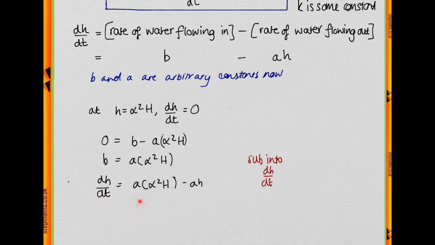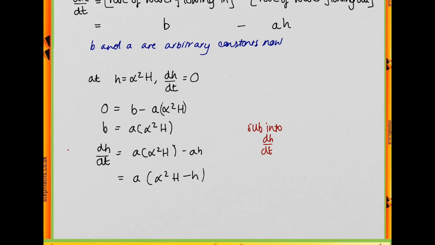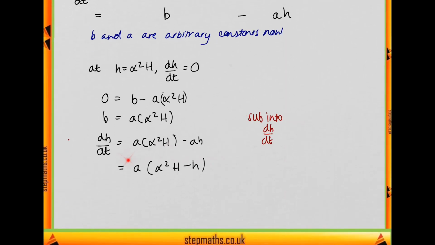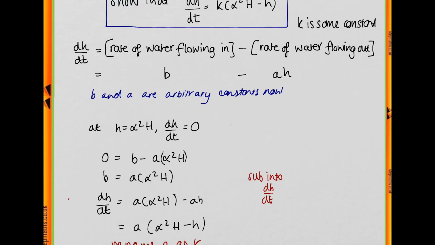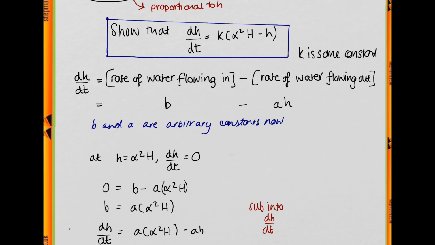So we get dh/dt is a times alpha squared big H minus a h, where I'm saying that's big H. And if we pull out a constant a, we can relabel the a as k, and we get dh/dt is k times (alpha squared big H minus h). And that is exactly what we were looking for in the question.